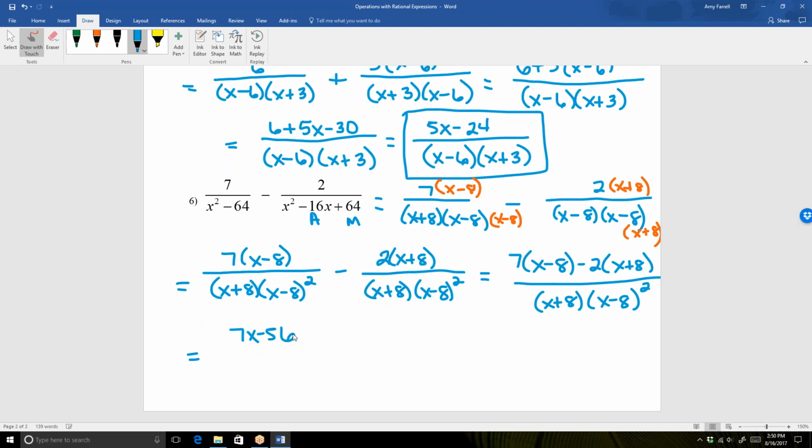Okay, finally, I am going to distribute now. It is going to be minus 2x minus 16. And I'll go ahead and copy my denominator here and combine like terms, and we're done. So 5x minus 72, and then over our common denominator.